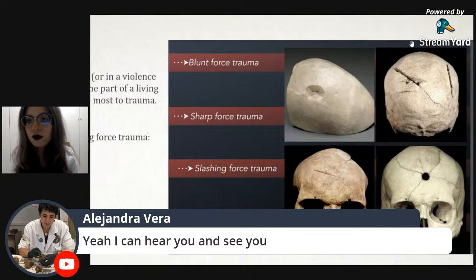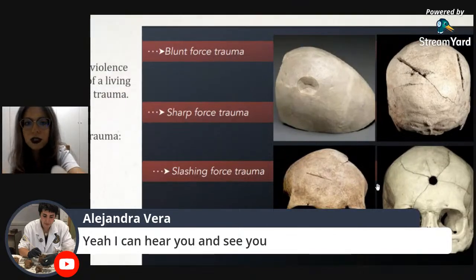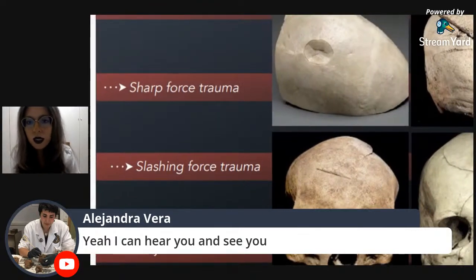It's usually the type of injury caused by a sword or any type of blade, the same as slashing force trauma, which is similar to sharp force trauma but slightly different in the perimeter of the fracture and in the width of the fracture.